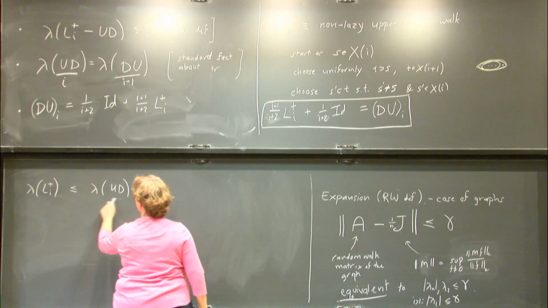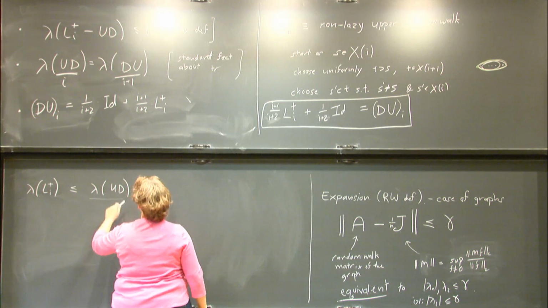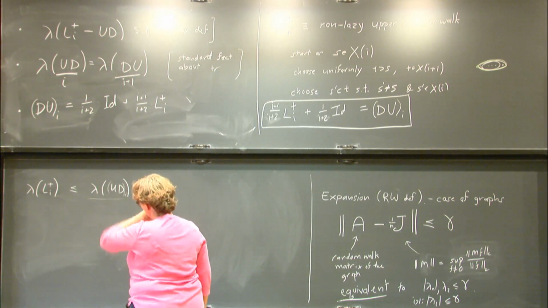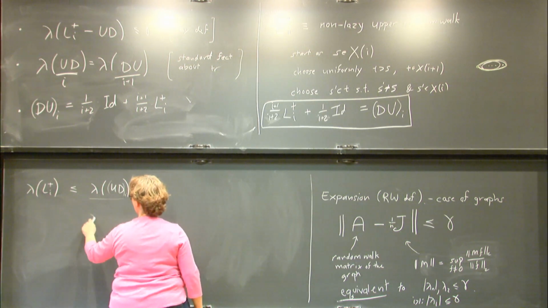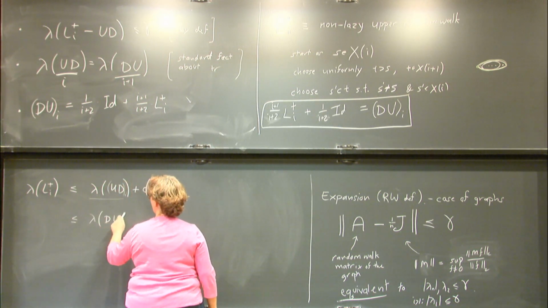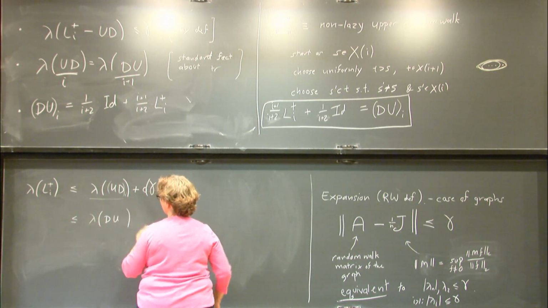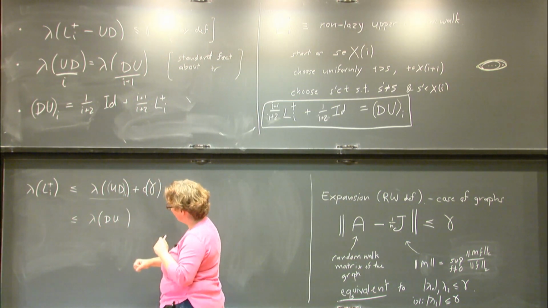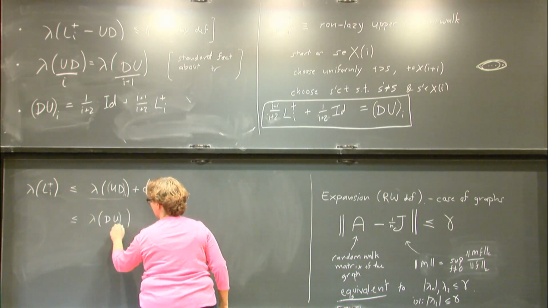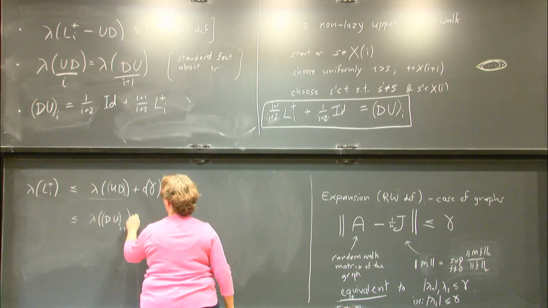Now what is lambda of ud? This is ud at level I. This is the same as lambda of du, but now ud at level I, from I to I minus 1 and back to I, is du at level I minus 1 plus O of gamma.